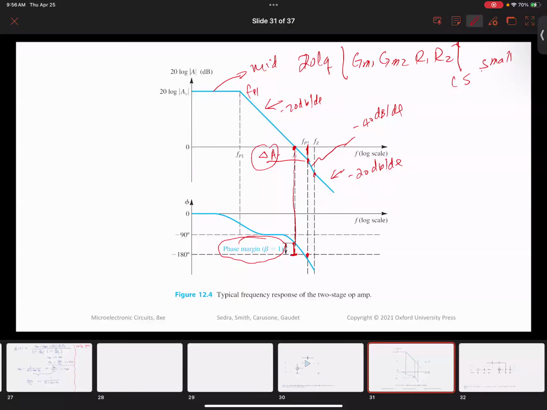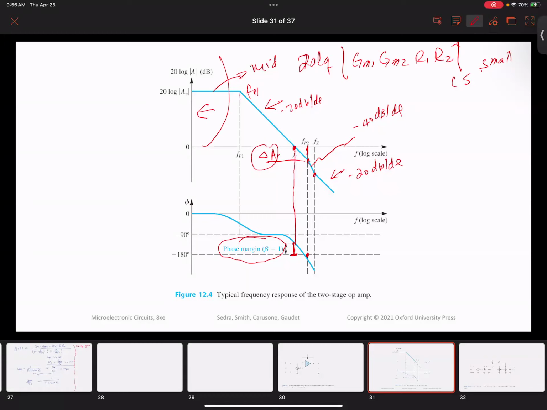This is very important because this two-stage amplifier can become unstable at some point. It's primarily because of the phase shift caused by the initial 90 degrees here caused by FP1. So if our transistor operates right below this frequency, there's no issue. But between this frequency and above, we have an issue.